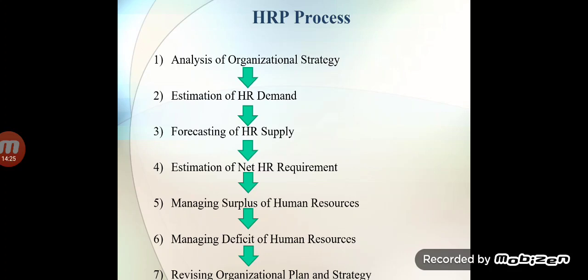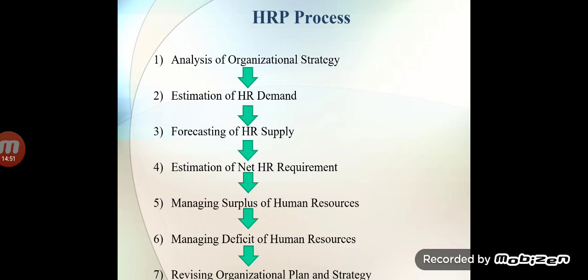So the first point of the human resource planning process is analyzing of organizational strategy. Strategy is nothing but one type of viewpoint which we are going to implement. So here we have to analyze whatever techniques we are going to implement in the organization, whether it is okay, it is good, or it is not okay.